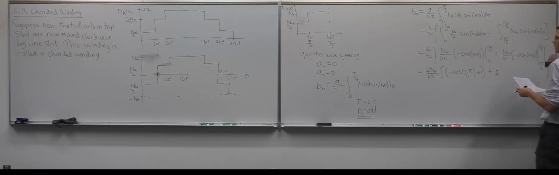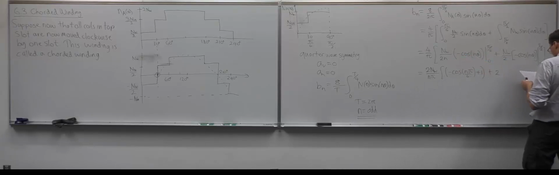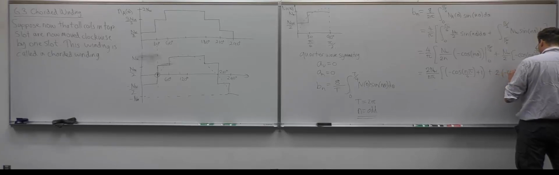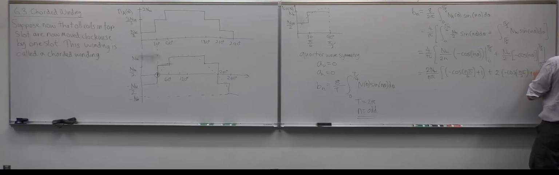The 2 comes about from the need to make it the 4. So we have 2 minus cosine n pi over 2 plus cosine n pi over 6.